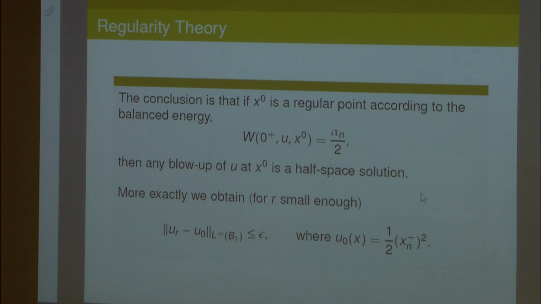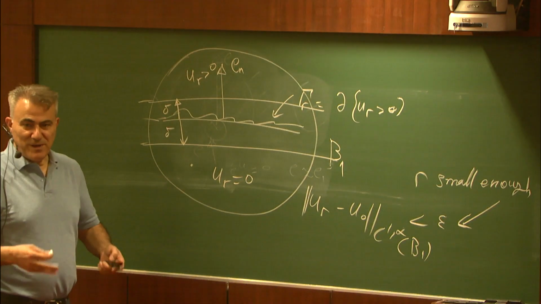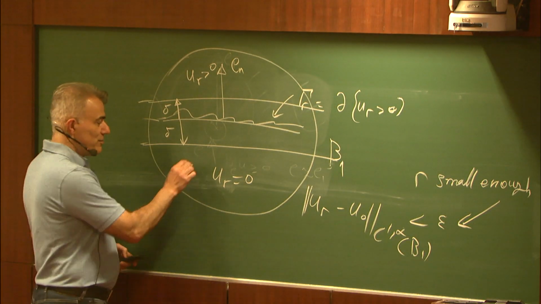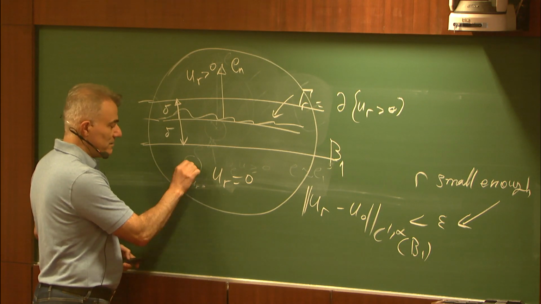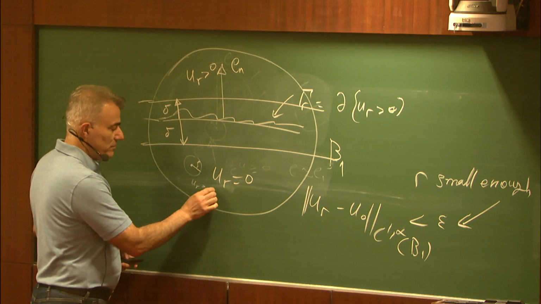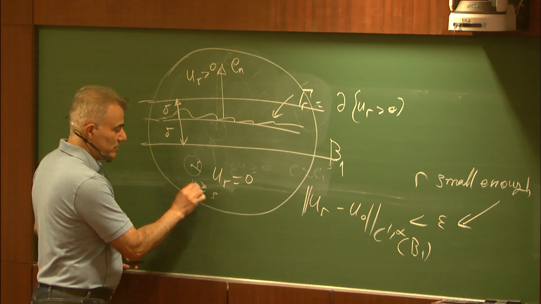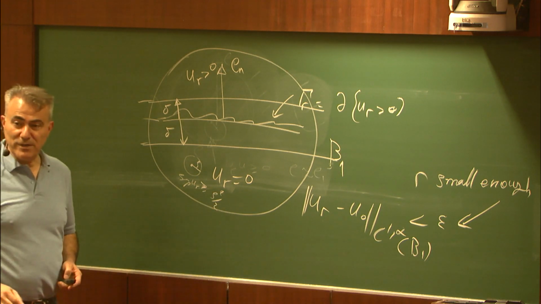And that means that this function has to eventually be 0 here. Because if u0 is 0 here, and if ur is never 0 here, say this is a point where ur always stays positive, then by non-degeneracy, in a neighborhood of this, let's say with a new radius rho, the supremum of ur is larger than rho to the power 2 divided by 2n.